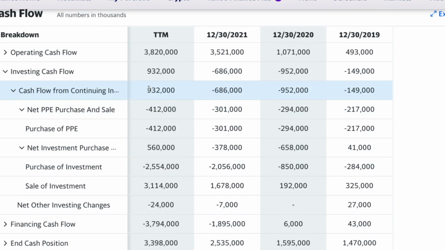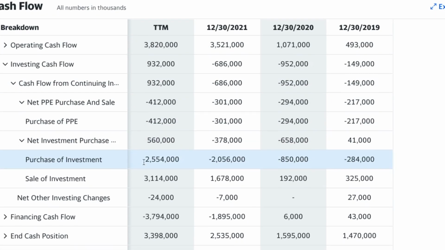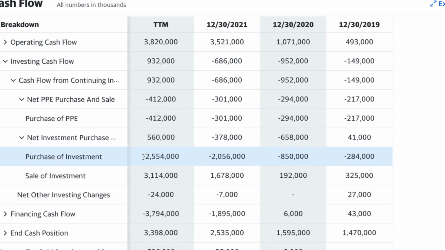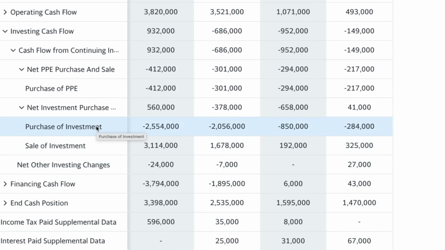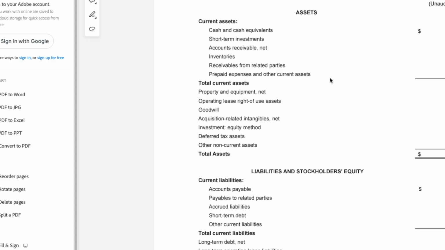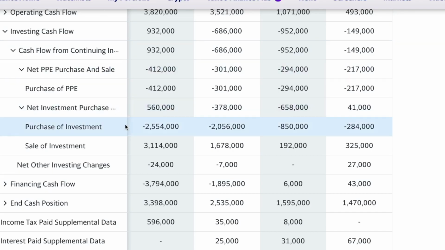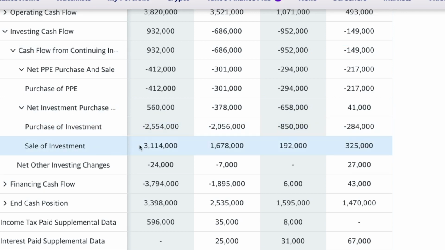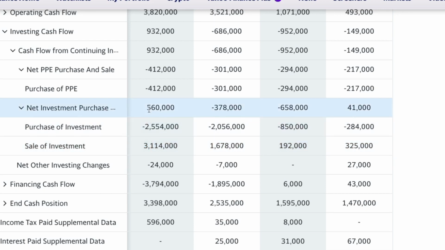In the year 2022, which is the TTM, they bought around $2.5 billion in purchase of investments. It is not mentioned here what kind of investment they made; if you're more interested, you can go to the company's financials or 10-K filing and understand what type of investment it was. But we can see they generated a positive amount by selling investments, from last year or possibly a previous year: $3.1 billion from the sale of investments. At the end of the year, they have generated a positive $560 million.